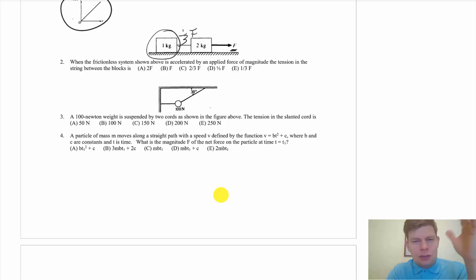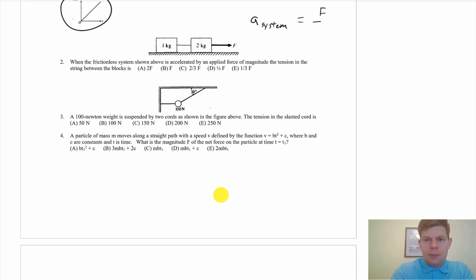If that kind of logical leap is a little rough for you, you can just straight do it mathy-wise. You can say, hey, my acceleration of the system, of everything together, is my total force divided by my total mass. And so my acceleration of the system is F over 3.